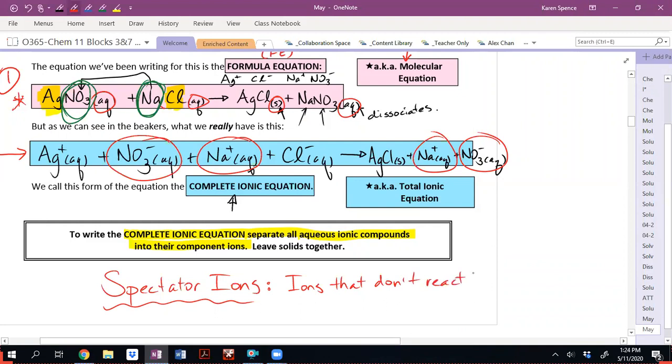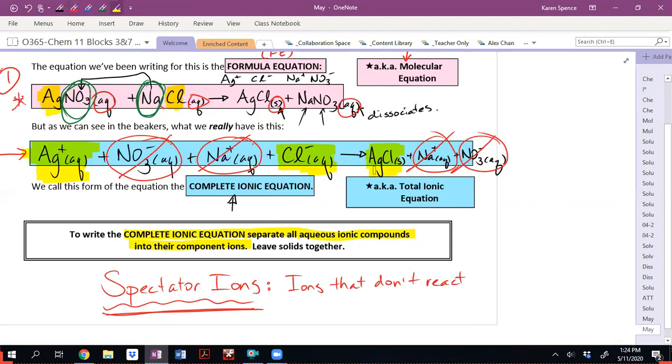And what we do is we take our complete ionic equation, we identify our spectator ions, and then we cross them out. And when we cross them out, we are left with Ag plus Cl minus goes to AgCl, which was our net ionic equation.